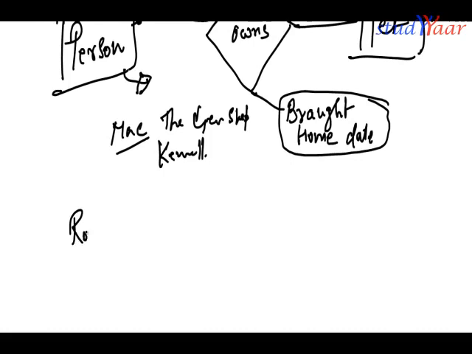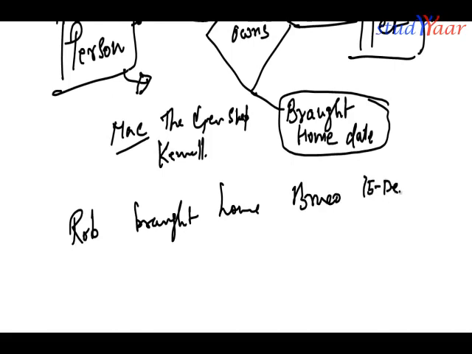We can say that Rob brought home Bruno on 15 December 97. This is the information which is represented by a descriptive attribute. It is an attribute of the relationship and not of the entity.